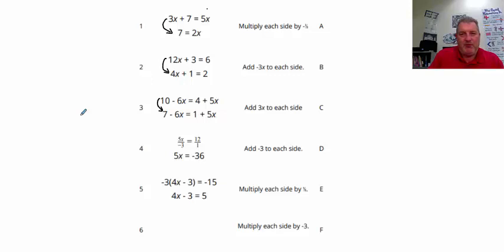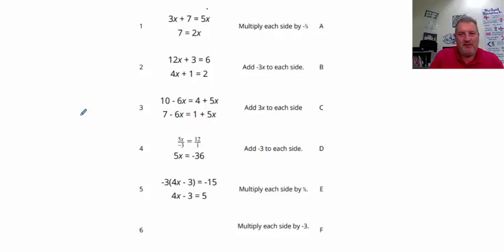And I would like you to find out what they did to each equation to get the new equation. So for example, this first one, it starts out 3x plus 7 is equal to 5x. And then it changes to 7 is equal to 2x.